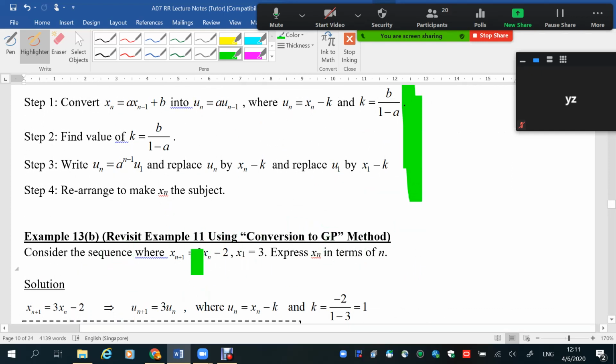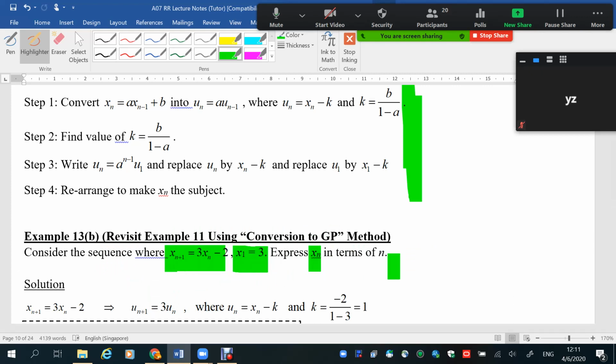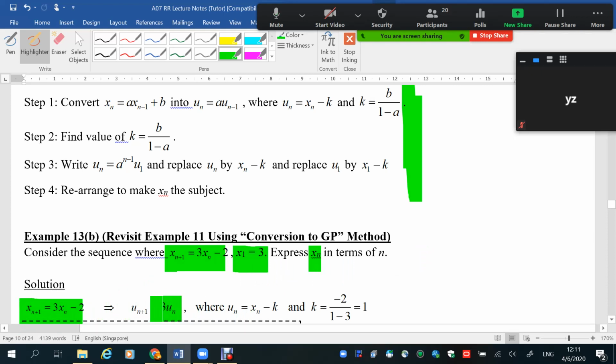So consider the sequence. This is what you have. Now I'm going to give you first term is 3. Express xn in terms of n. If you run through the process, you will tell me that un plus 1 is equal to 3 un, where un is equal to this and your k is equal to this.